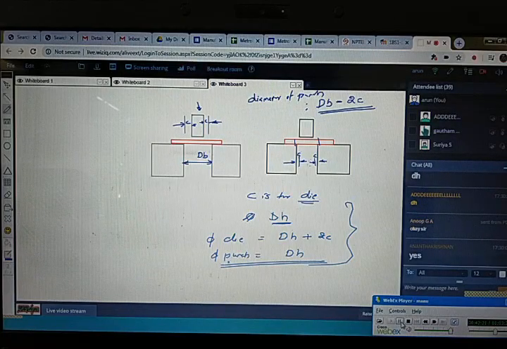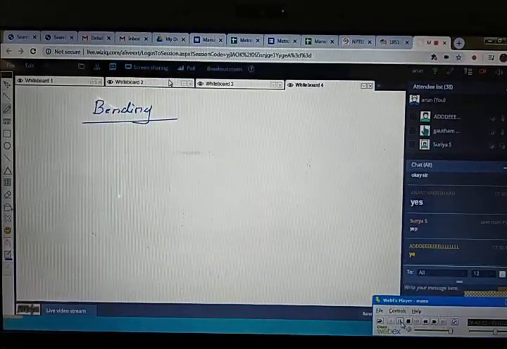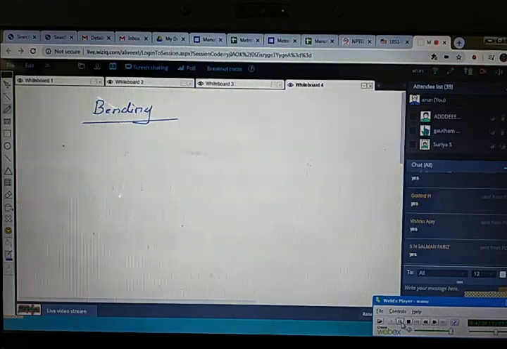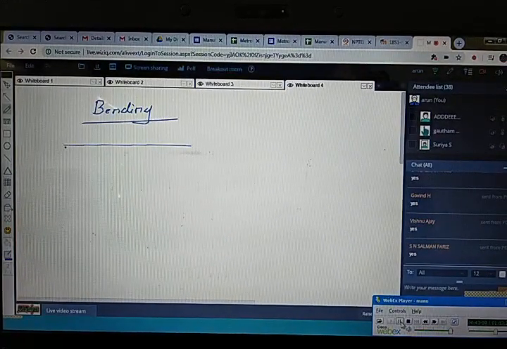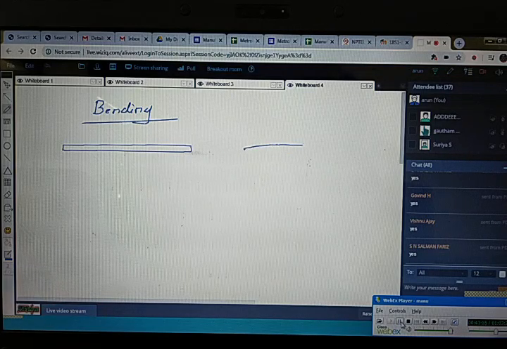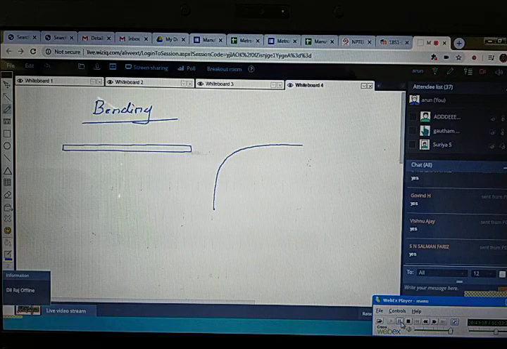Next we have to discuss the bending operation. A sheet metal is taken like this, to be bent at a particular angle, and after bending it will be like this.